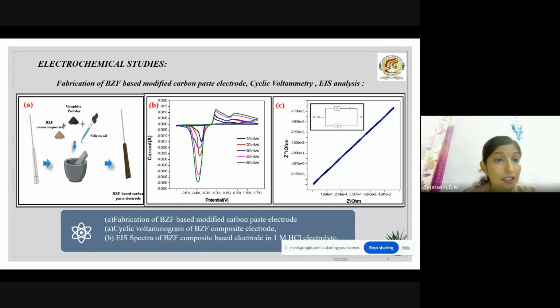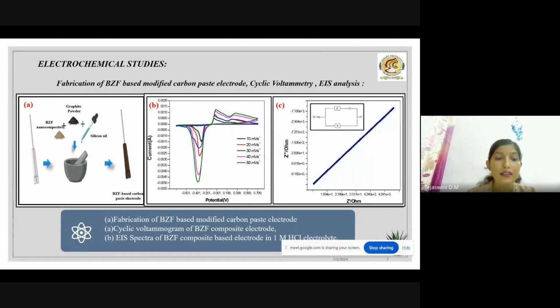Further, they are implemented in the electrochemical studies, which include the fabrication of the bismuth zinc ferrite based modified carbon paste electrode. The homogeneous carbon paste electrode was created by grinding the graphite powder and the active material, the BZF nanocomposites, and the silicone oil as a binder in a mortar for around 30 minutes in the ratio of 70:30.